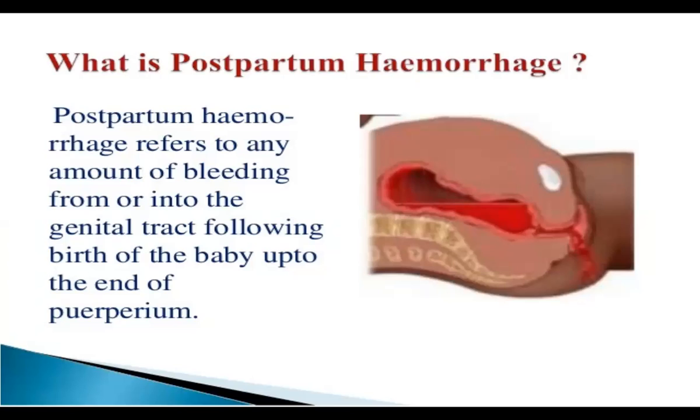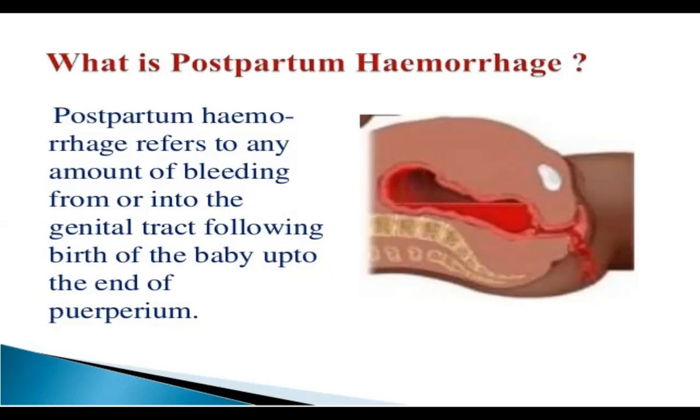How much time is the puerperium? It is about 6 weeks after the delivery. Puerperium again is divided into three parts: immediate puerperium, early puerperium, and late puerperium. Immediate is within 24 to 48 hours immediately after the delivery.